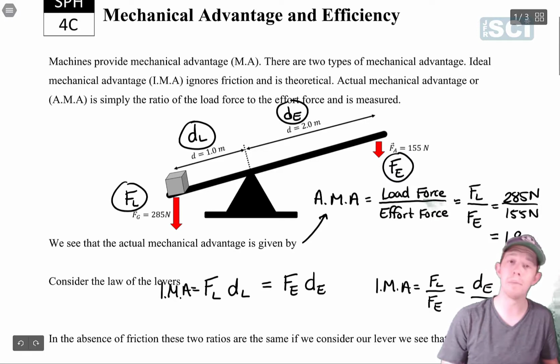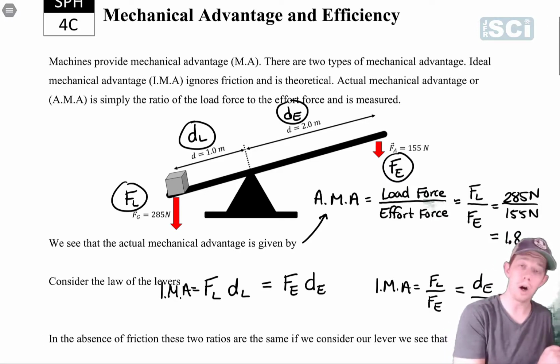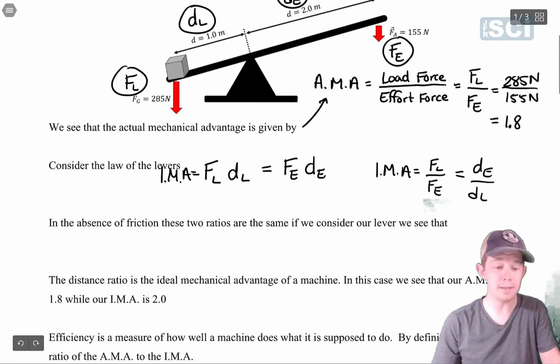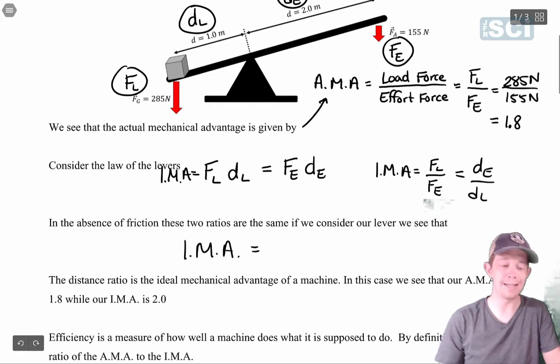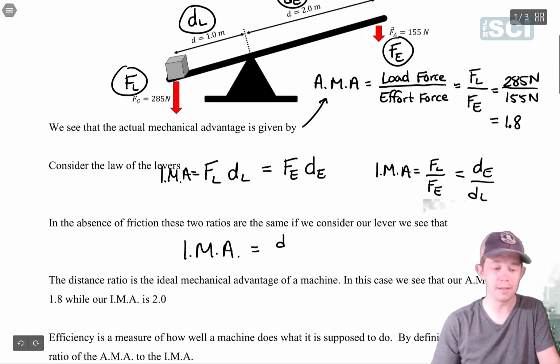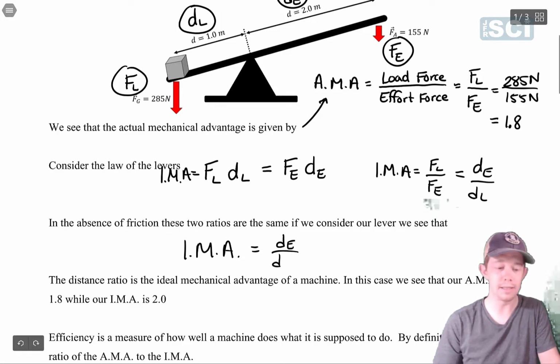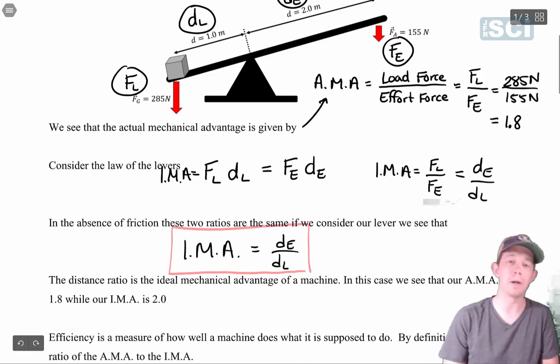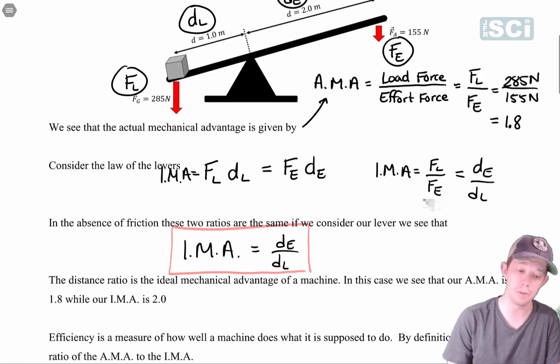So the lengths of my effort arm to my load arm. So in the absence of friction, or any other energy losses, my ideal mechanical advantage should be dE divided by dL.